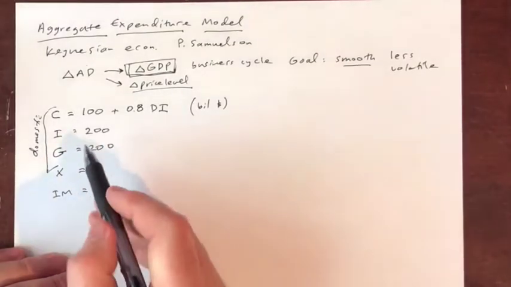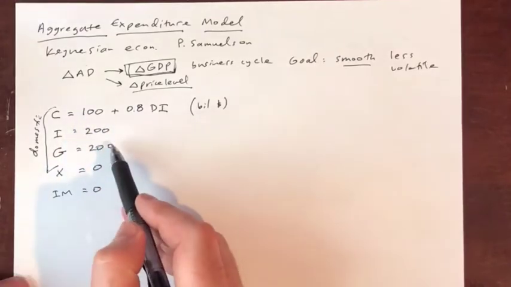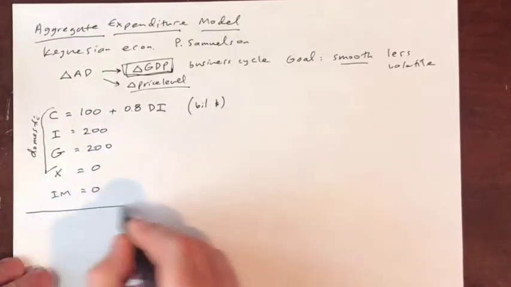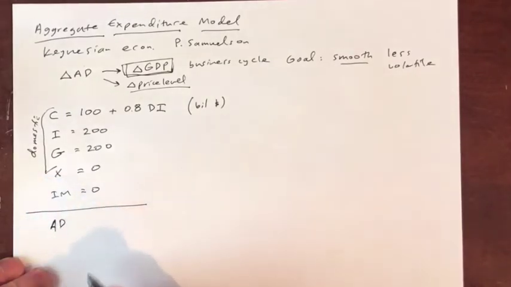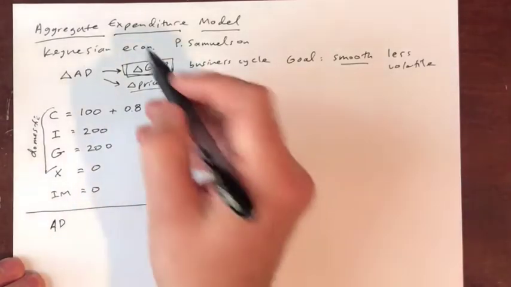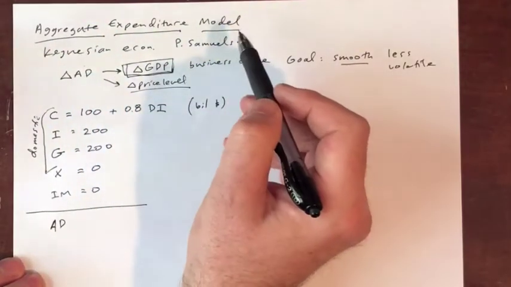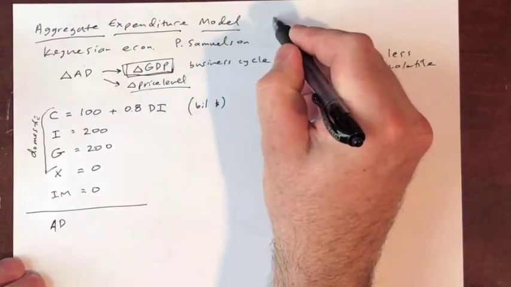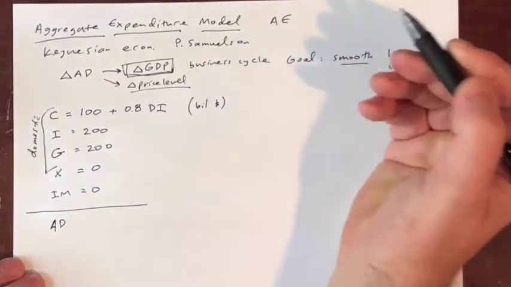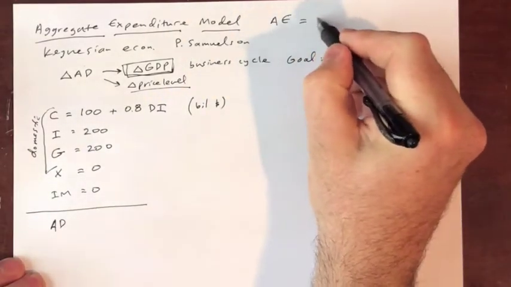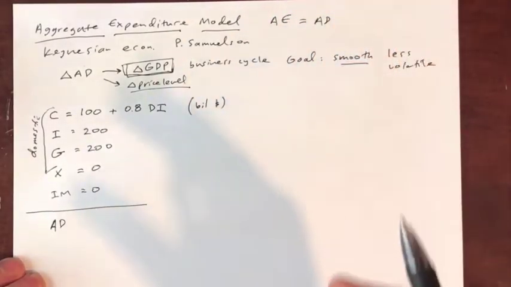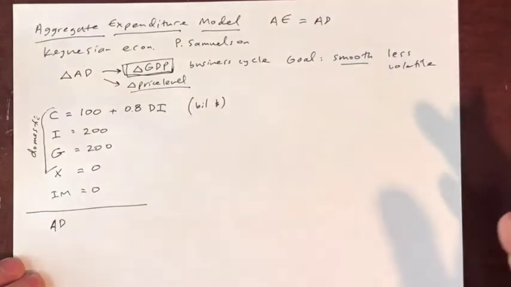If we have this, then we're going to add it all up to give us the aggregate demand. Aggregate demand is another way of saying total spending. In this model, called the Aggregate Expenditure Model, we rename it AE. But keep in mind, AE and AD, aggregate expenditure and aggregate demand, are the same thing.